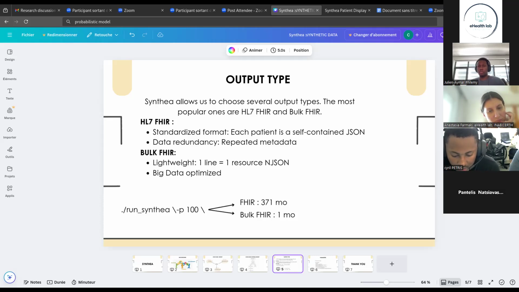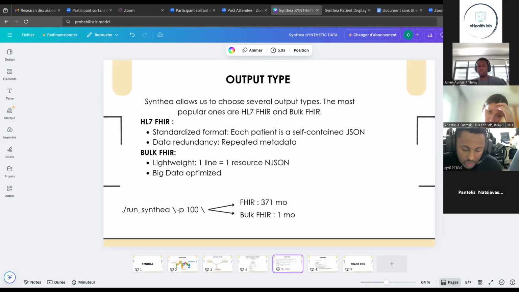But this data is really complex and also expensive in storage, so it's not the best format to apply analysis.